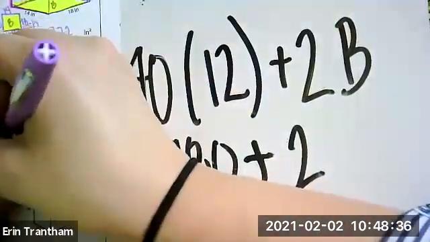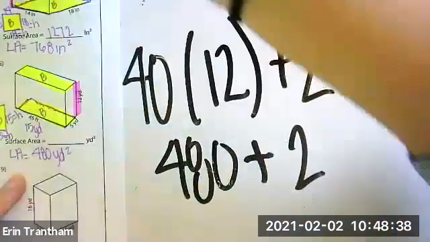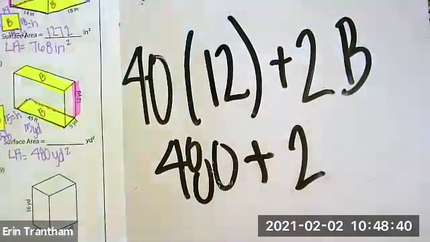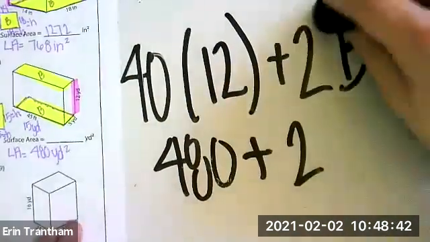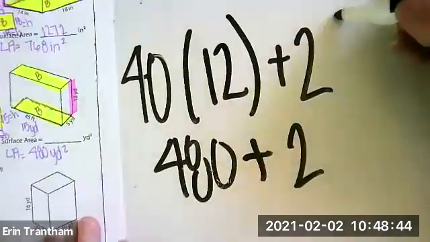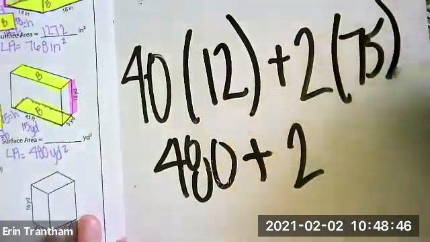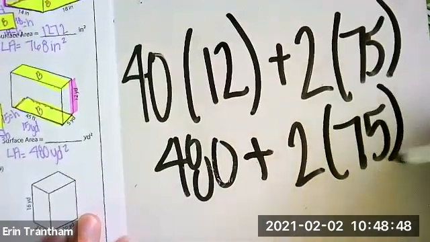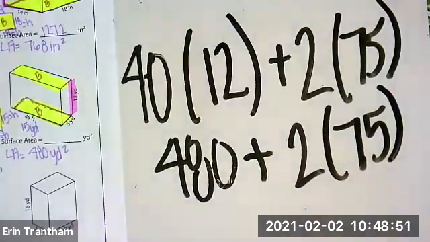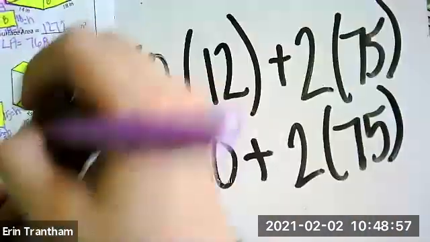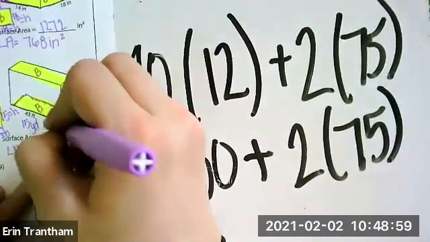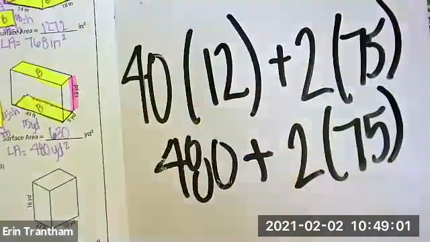Little b is right here. H is right here. So 15 times 5 is what? 75? Okay, so 2 times 75 plus 480 is 630. That's your total surface area. Any questions?